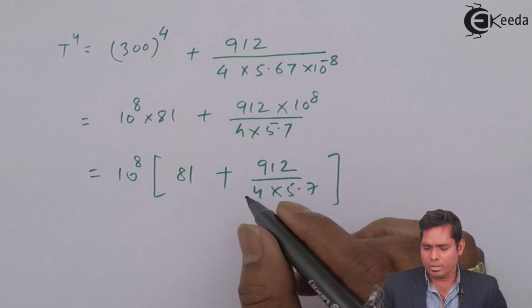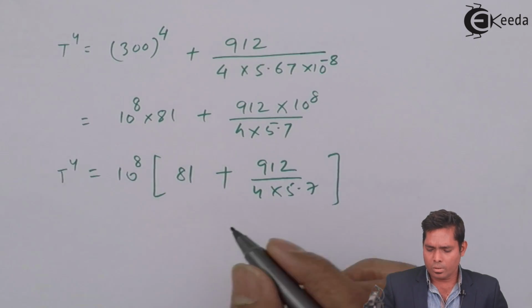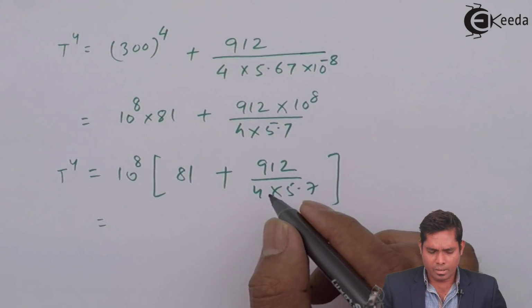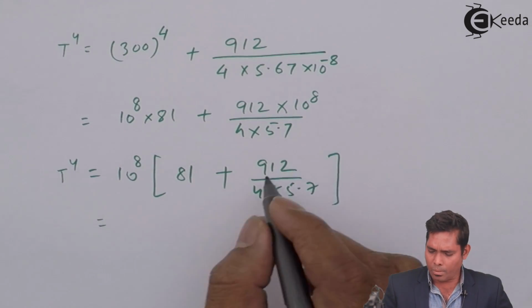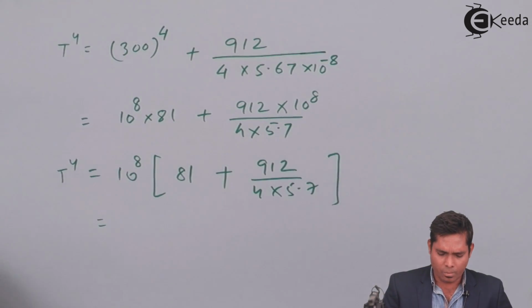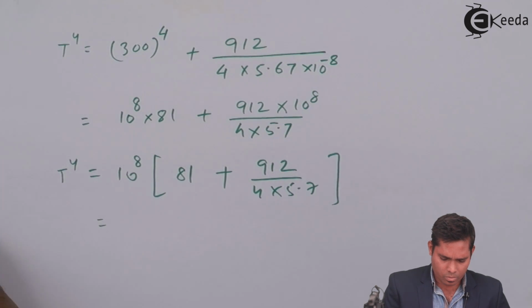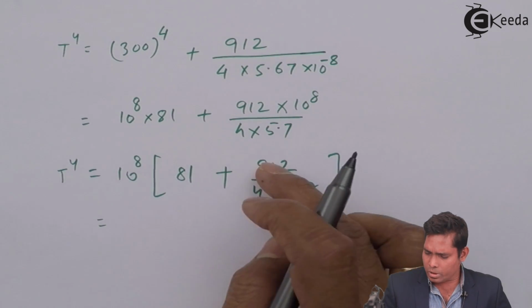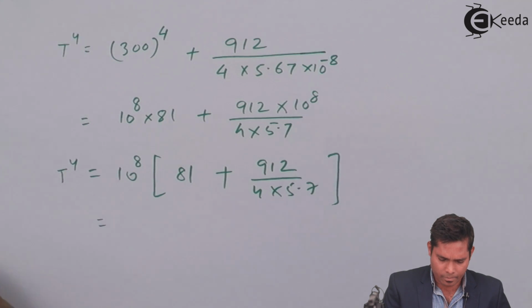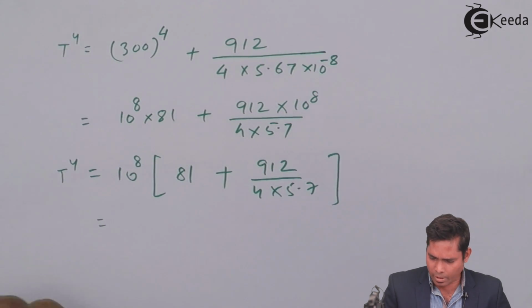If I solve that using the calculator, 912 divided by 22.8 is 40.